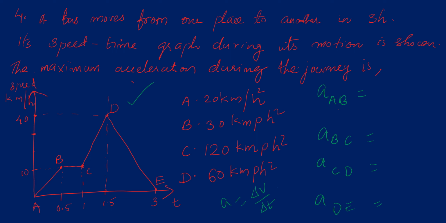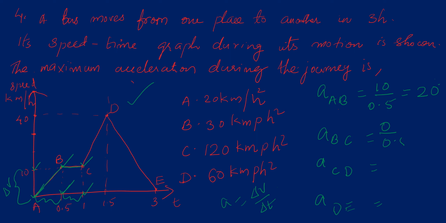Here for the first part AB, delta V is 10 minus 0. So you will get 10 divided by delta T, which is 0.5 minus 0, that is 0.5, so you will get 20. For BC, it is from 10 to 10 only, so 10 minus 10, that is 0, divided by time from 0.5 to 1, that is 1 minus 0.5, which is 0.5.